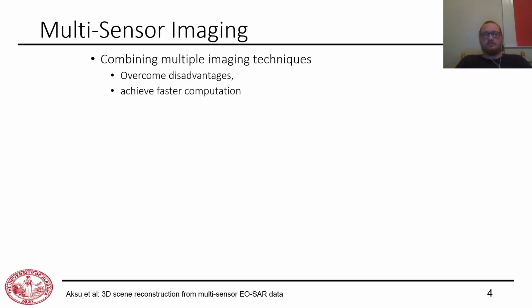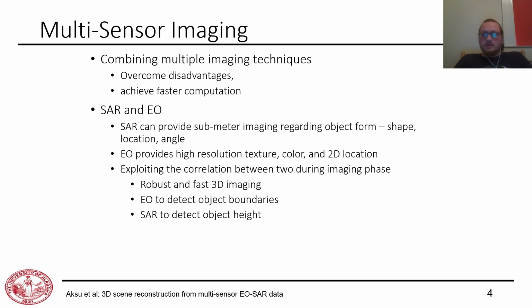Multi-sensor imaging is used for combining multiple imaging techniques. It allows overcoming disadvantages of individual imaging techniques, and it can also be used to achieve faster computation. So, combining SAR and EO, synthetic aperture radar and electro-optical imaging, can provide submeter imaging of an object's shape, location, and angle via SAR, and high-resolution texture, color, and 2D location from EO.